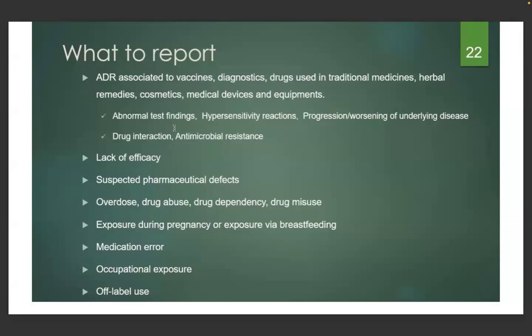So these are the adverse events that need to be reported. Take note of it, guys. This might be a 100% question if you go to pharmacovigilance or data management: what are the adverse events that need to be reported.